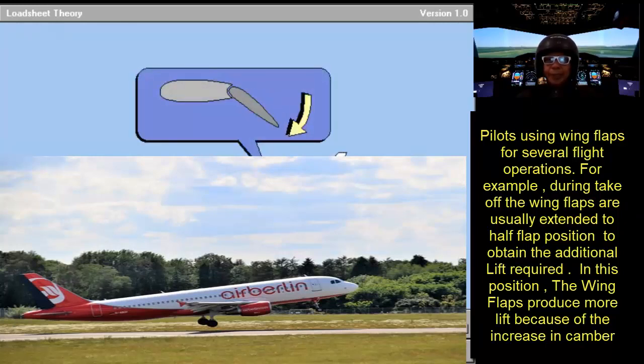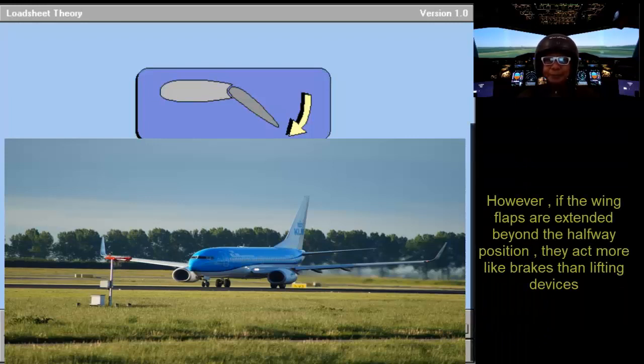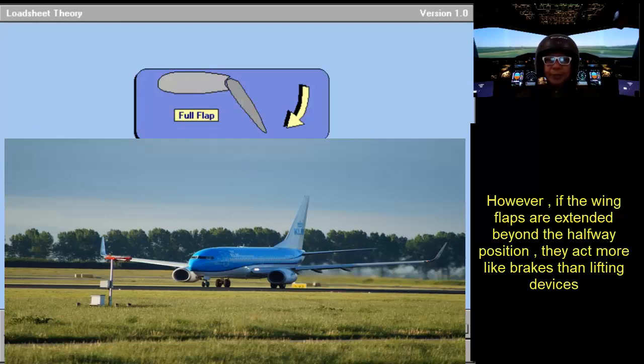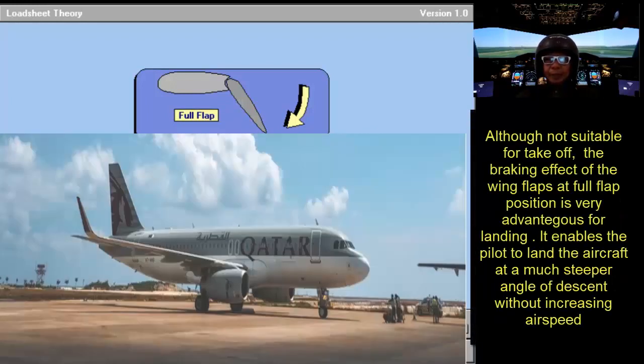However, if the wing flaps are extended beyond the halfway position, they act more like brakes than lifting devices. Although not suitable for takeoff, the braking effect of the wing flap at full flap position is very advantageous for landing. It enables the pilot to land the aircraft at a much steeper angle of descent without increasing airspeed.